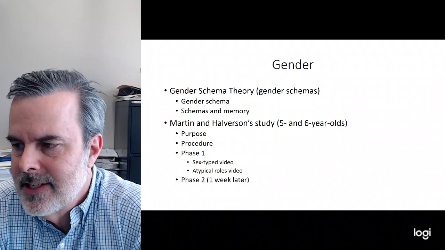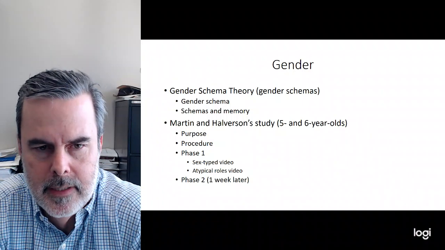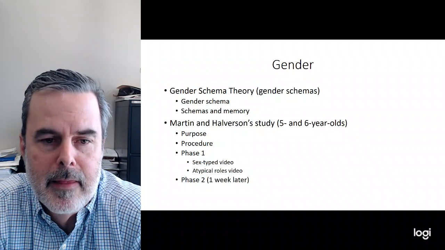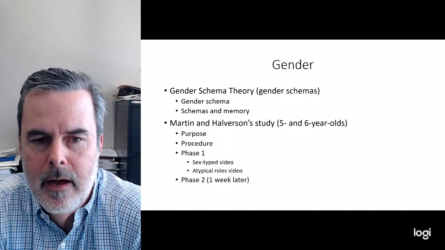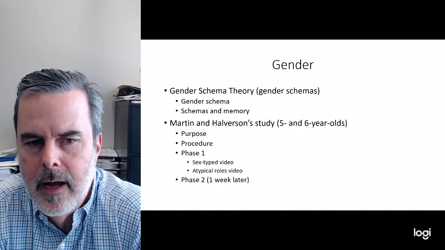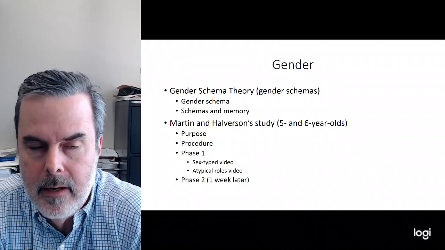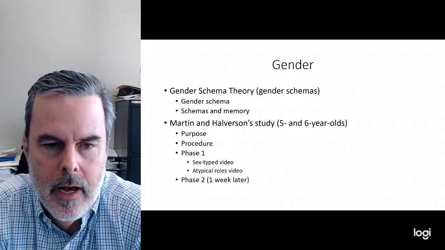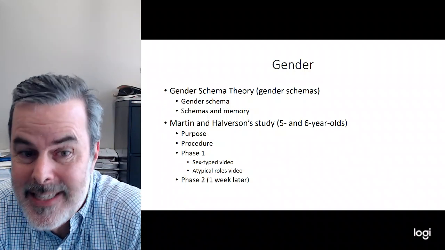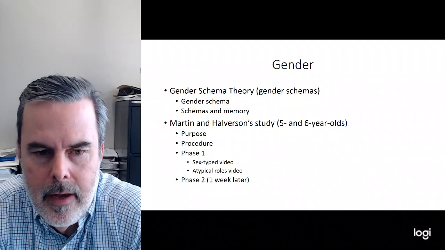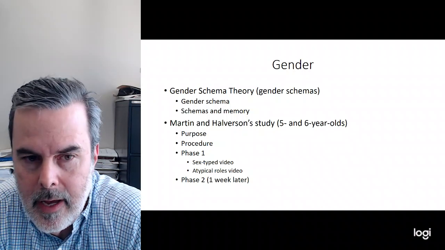In the sex-type video condition, that was the first condition, the kids saw a video of a man playing the role of a doctor and a woman playing the role of a nurse, which was deemed at the time to be consistent with gender schemas.